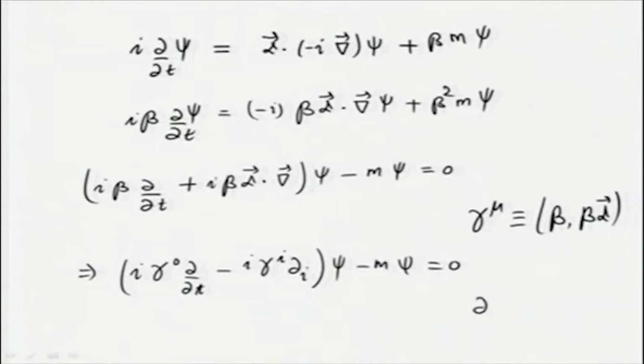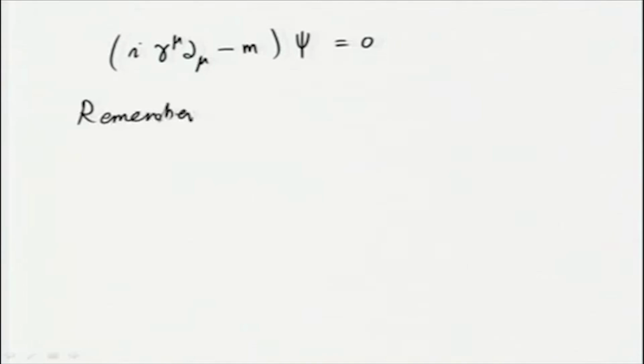Here dou mu is equal to dou by dou t and grad. Sorry, this is plus. So, together I can write it as gamma mu dou mu minus m, acting on psi, equal to 0. Just to remind you that it is a matrix equation.